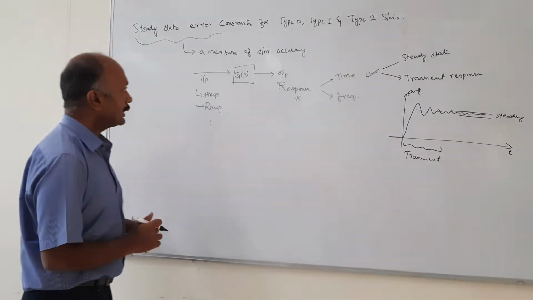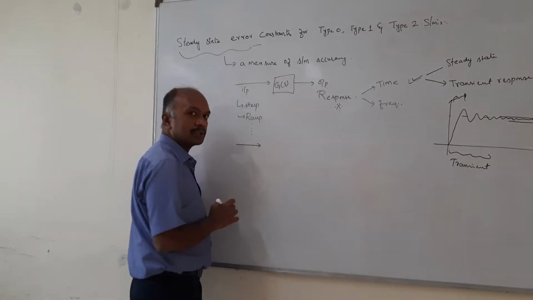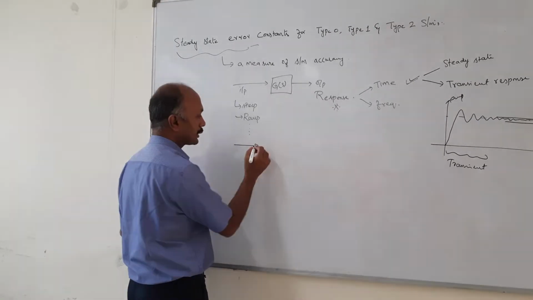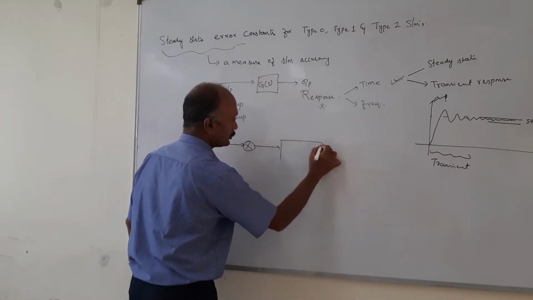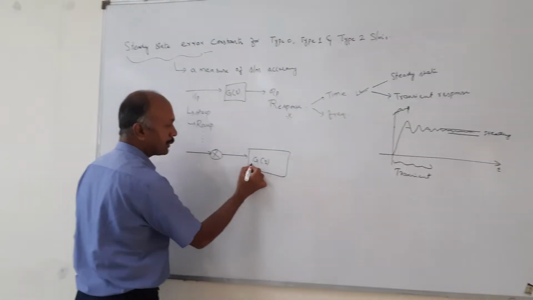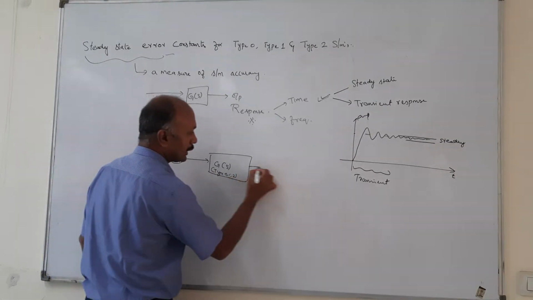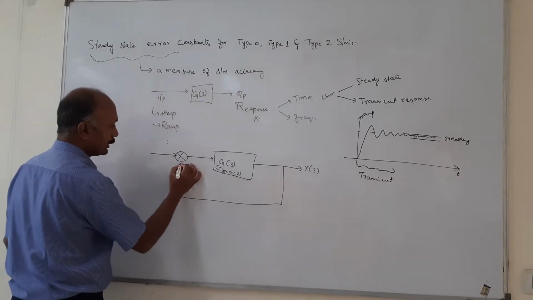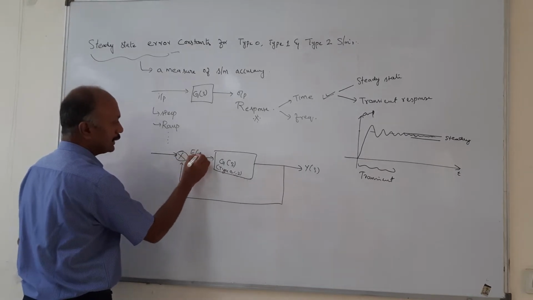Now before that, let us take a generalized block diagram for the type. You have a summer here. This is fed to the transfer function system G of S, which may be a type 0, type 1 or type 2 system, and then you will have your output Y of S. From output Y of S, we feed it back to our input, and this we can consider as the error that we are feeding.